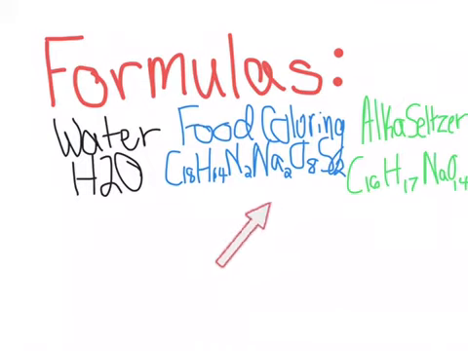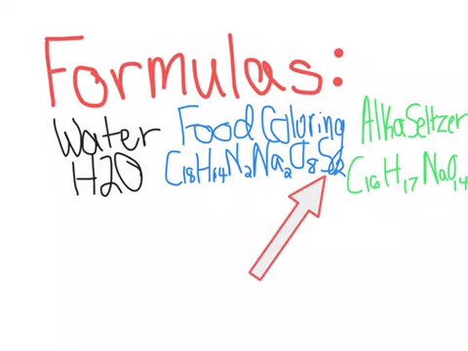Food coloring has 18 carbon atoms, 14 hydrogen atoms, 2 nitrogen atoms, 2 sodium atoms, 8 oxygen atoms, and 2 silicon atoms. All of these are elements that you can find on the periodic table of elements.